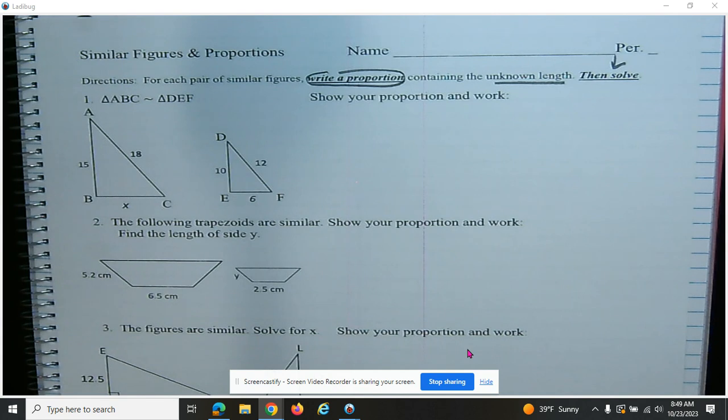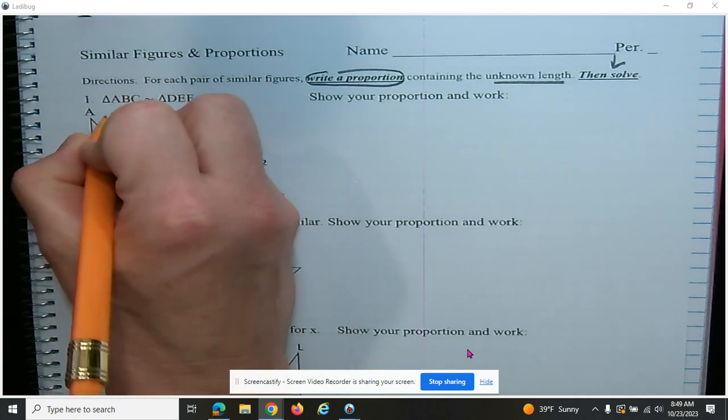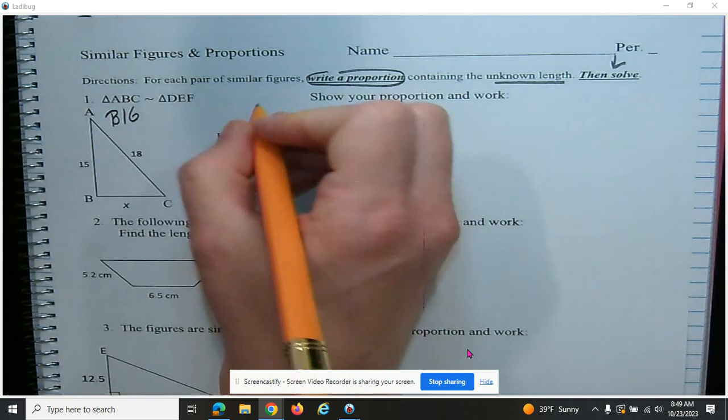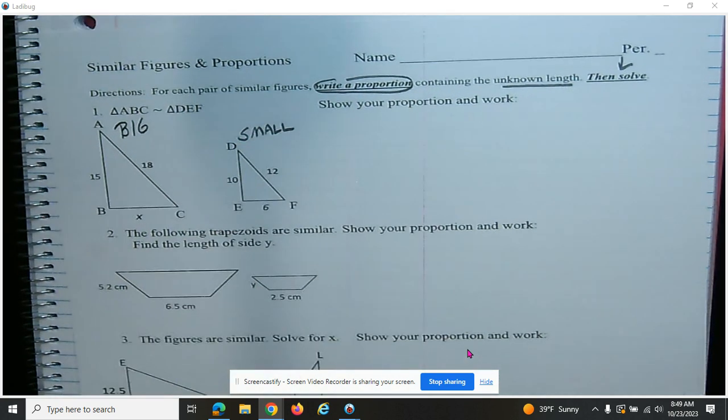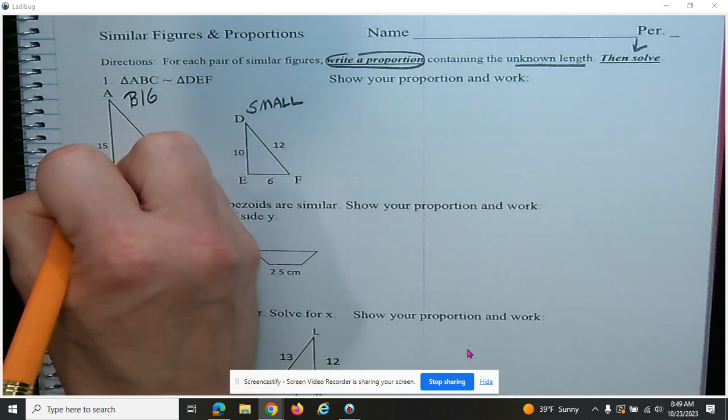Now, there's a couple ways to set up this proportion. But the biggest thing with proportions is you've got to label and keep the things together. I'm going to label this my big side or my big picture. This was my small one. On a triangle, you have a side.